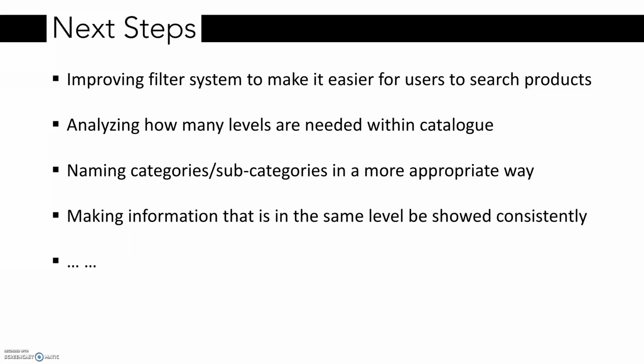Also, we need to analyze how many levels are actually needed within one certain catalog, and how to name categories and subcategories in a more appropriate way, which needs a detailed analysis in taxonomy. And then, making information at the same level be shown consistently is also very important.